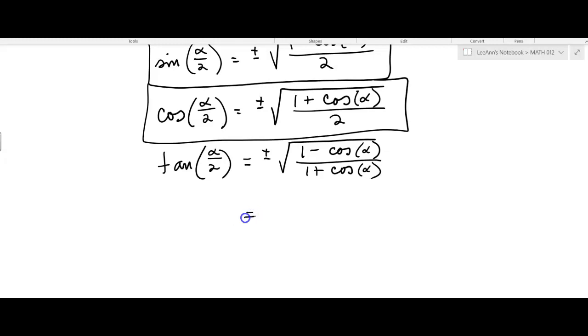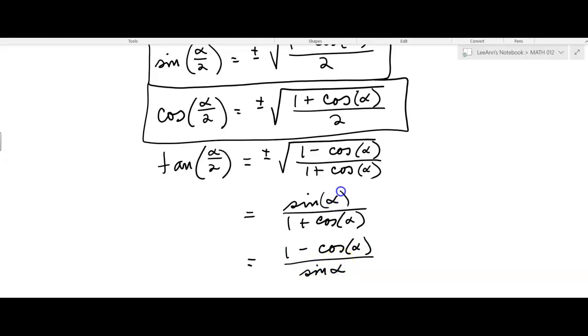One of them is sine alpha over 1 plus cosine alpha. And the other one is 1 minus cosine alpha over sine alpha.